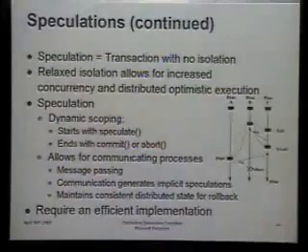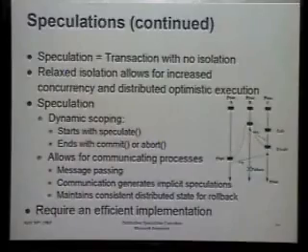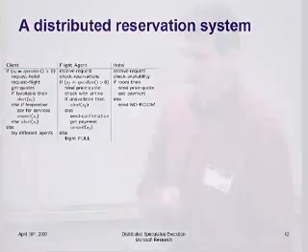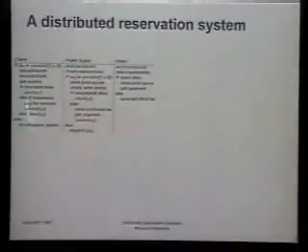So on the next 3 slides, I'll provide 3 examples of programs that could be implemented using speculations. The first one is a distributed reservation system. I don't expect you to necessarily look at all the details of this pseudocode for each of the entities. I'm just going to give you the big picture, and we'll investigate certain execution paths through 2 scenarios.